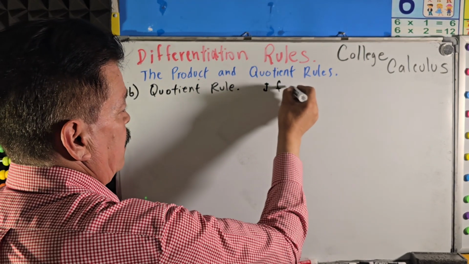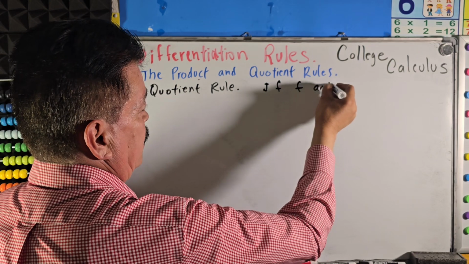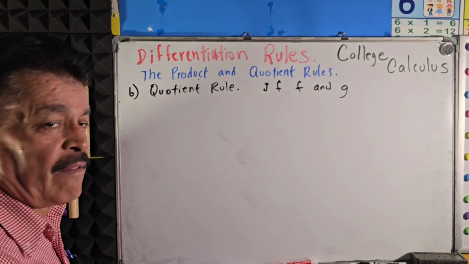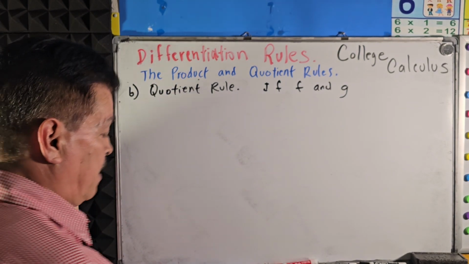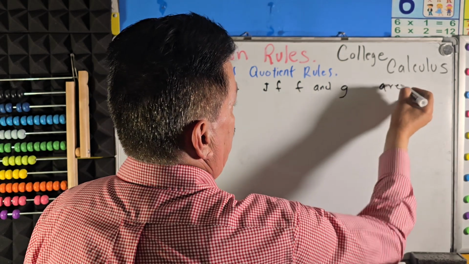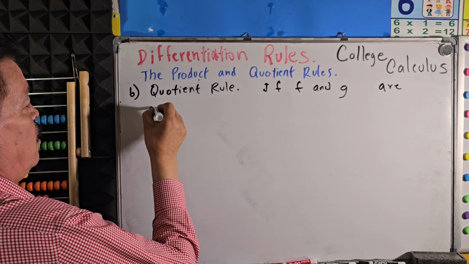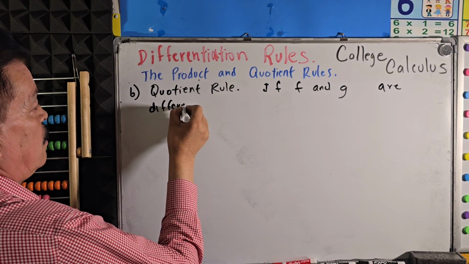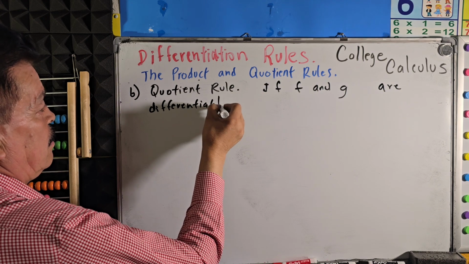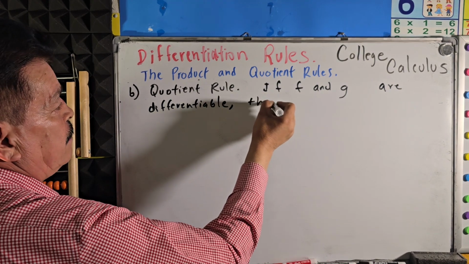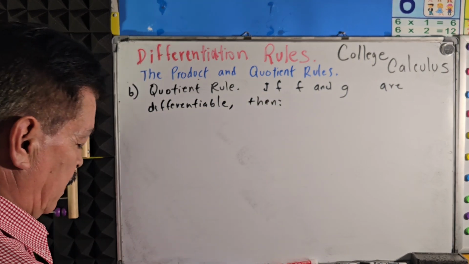If f and g, again we're talking about f and g, are differentiable, then we have this formula.